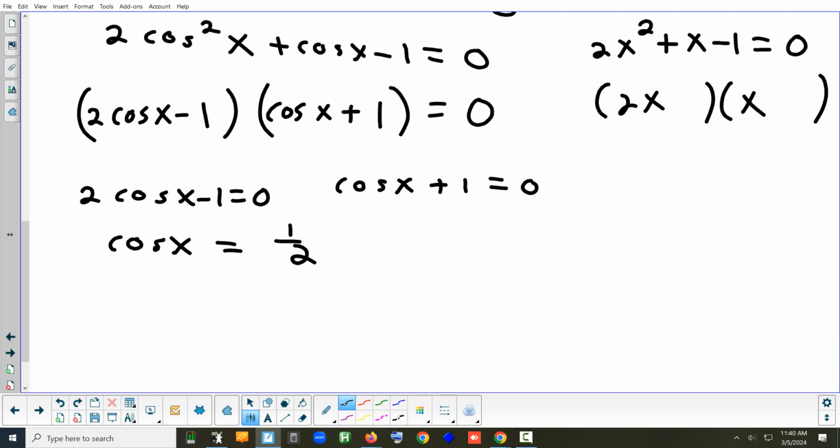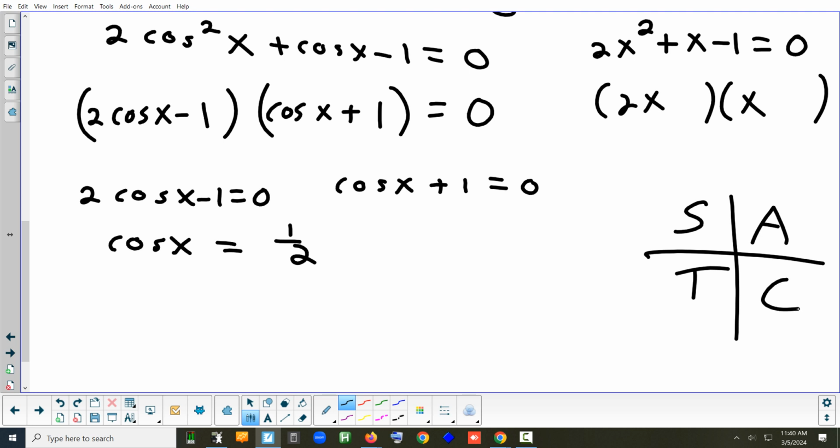Now, before I write that, look at what we have. Cosine x equals 1/2. What kind of number is 1/2? Positive. Okay, so let's think about that for a second. We're looking for where cosine comes out positive. There's always 2 places. Yep, here and here.